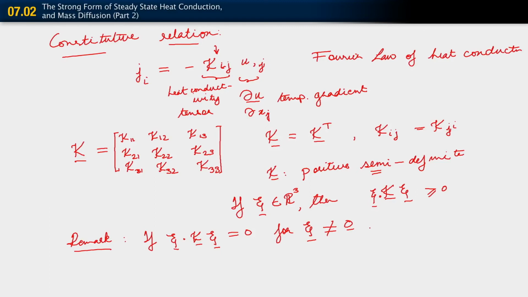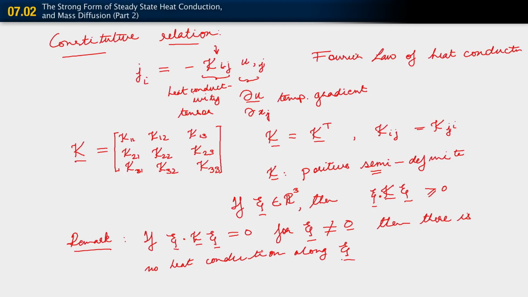But if there exists some direction C, not the 0 vector, for which this quadratic product is itself equal to 0, then there is no heat conduction along C, in that direction.